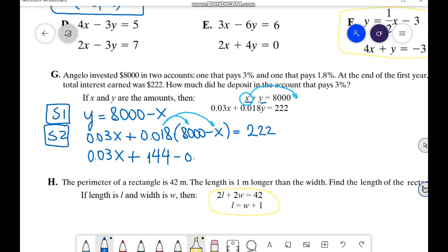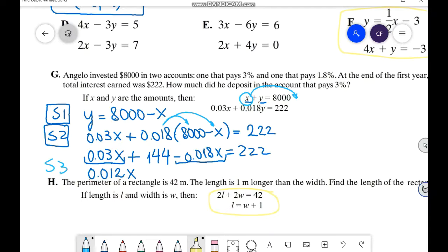Minus 0.018x equals 222. And finally, combine like terms. You have 0.03x minus 0.018x. This is going to be 0.012x if you combine the like terms.